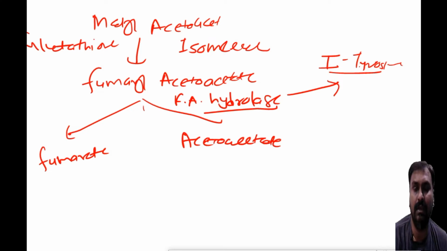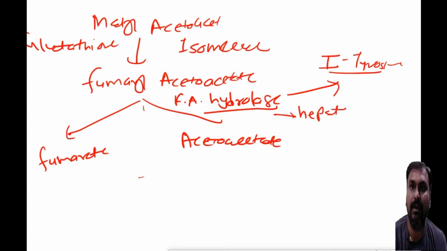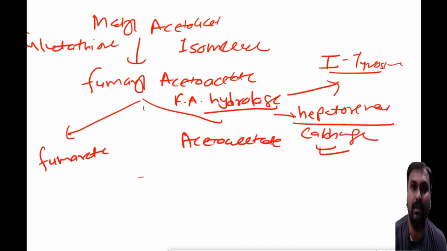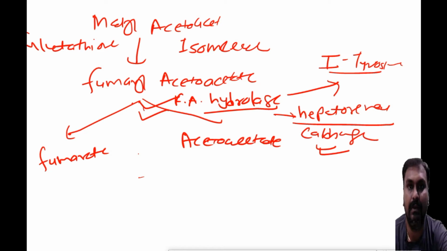Type 1 is the most fatal, with hepatorenal syndrome, hepatic and renal failure, and cabbage-odor urine, and children die within 2 years. So type 1 tyrosinemia, where fumarylacetoacetate hydroxylase is deficient, is very important.